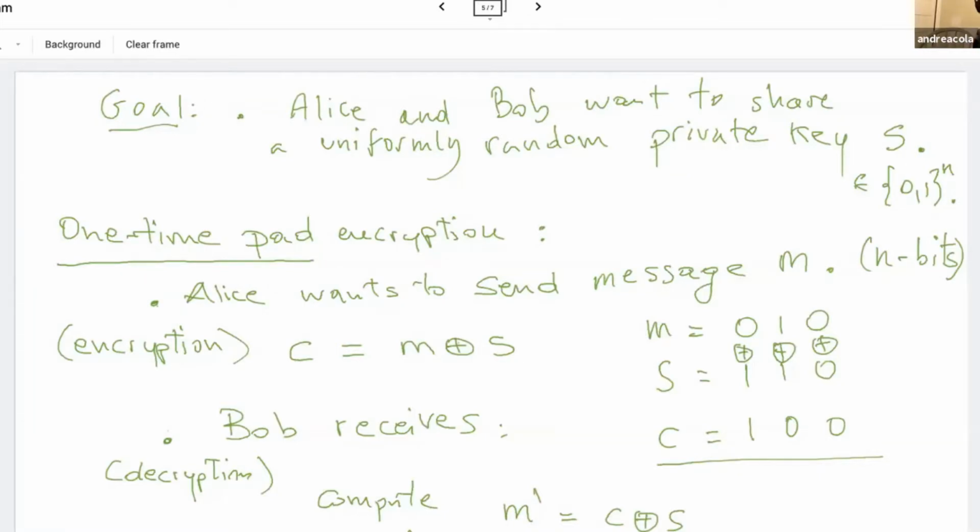Meaning anybody who sees the ciphertext C cannot do anything to recover the message M. Does anybody have any intuition about this? Who wants to take a guess?